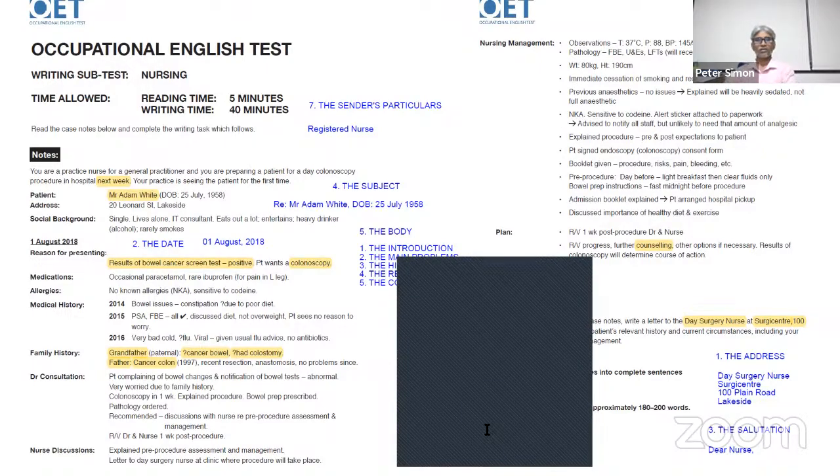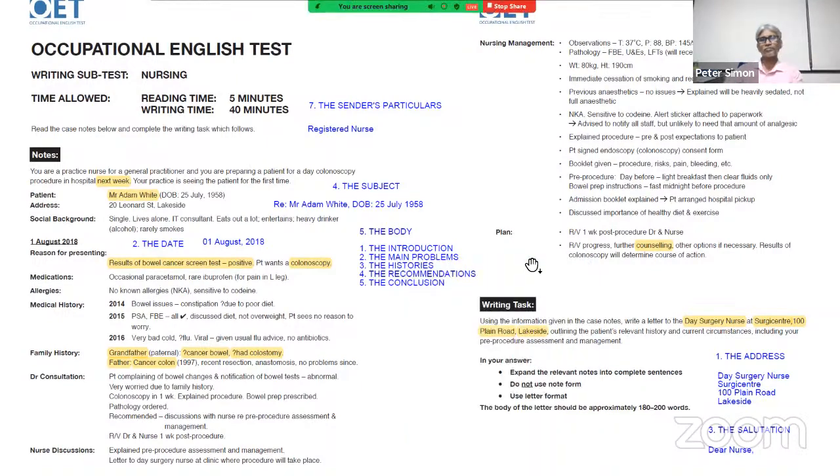Mr. White, who has been diagnosed with colon cancer, requires preoperative counseling for colonoscopy. Okay.